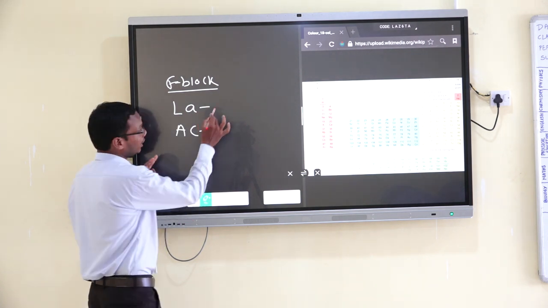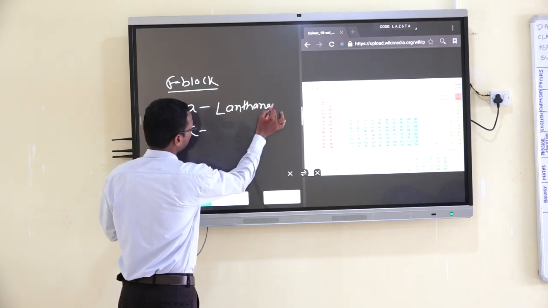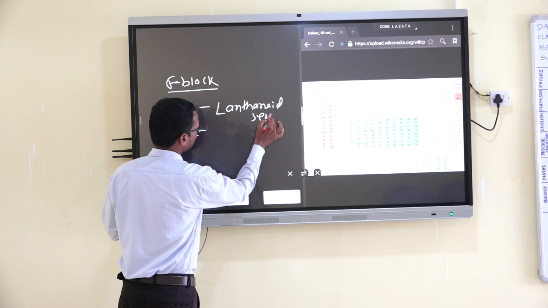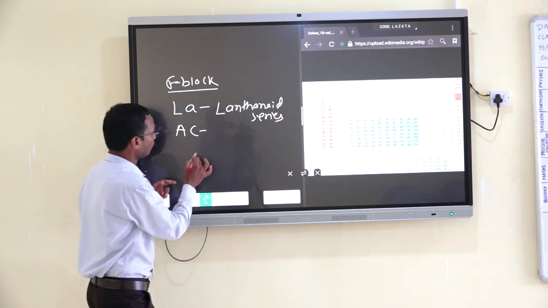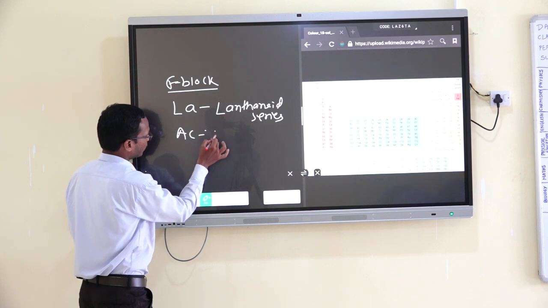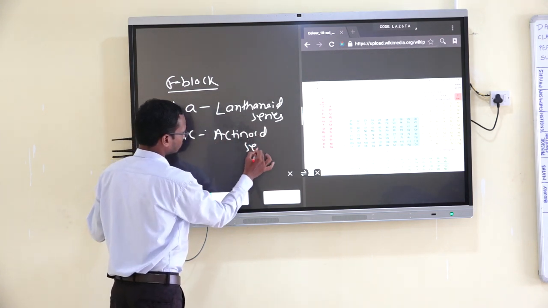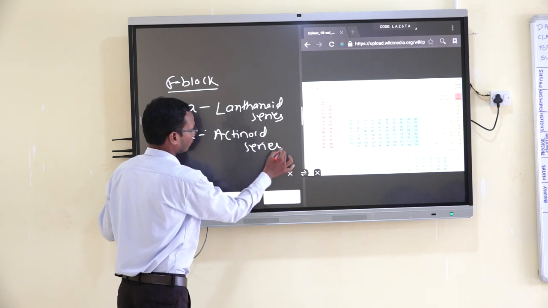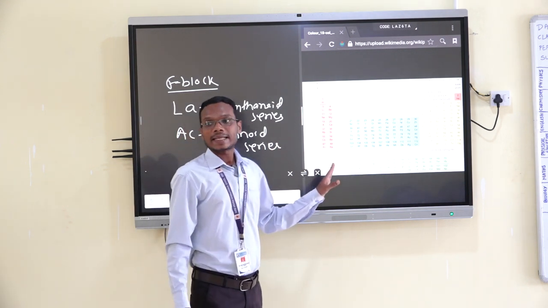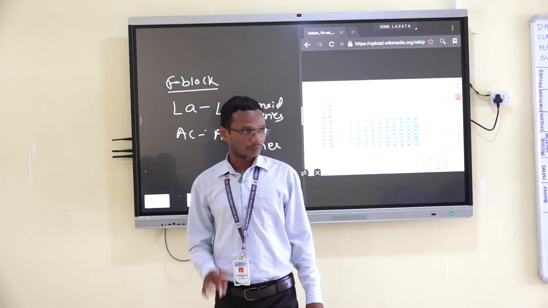From lanthanum it is the lanthanide series, and from actinium it is the actinide series. So this is about the classification of the total periodic table into blocks.